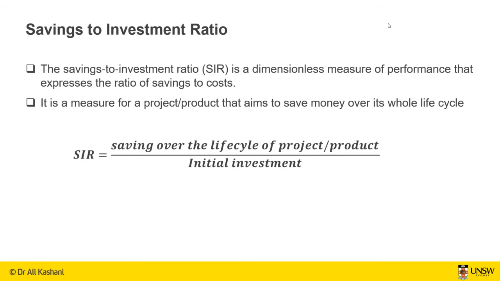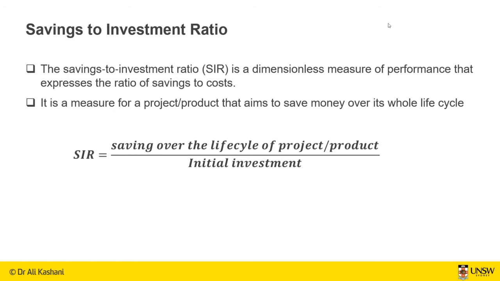And you realize that for the next 20 years, you're going to save $25,000 in terms of energy bills. So your saving over the life cycle of the project is $25,000, and your initial investment is $20,000. Which means that the saving is higher than the initial investment, so you can have some profit. So the savings to investment ratio is higher than 1.